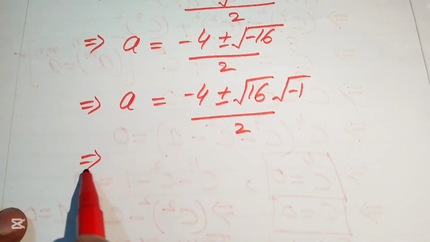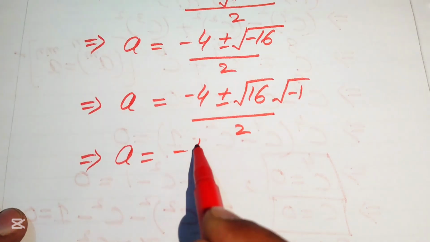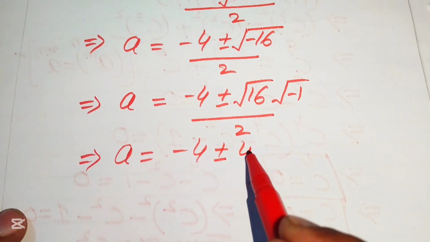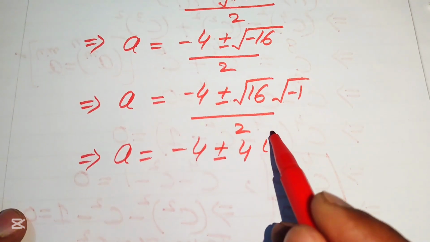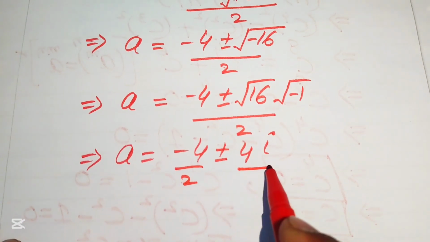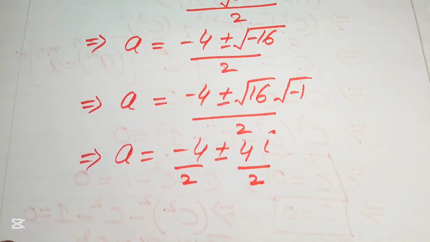And further we have a equals minus 4 plus minus, we know that the square root of 16 equals 4 and the square root of minus 1 equals iota, and here we break this fraction and we write this separately on both of these terms.